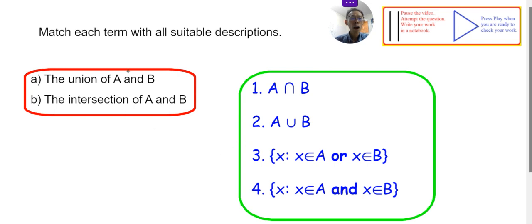Next. Here we look at the union of A and B, and the intersection of A and B. I think of union like this, a U shape.